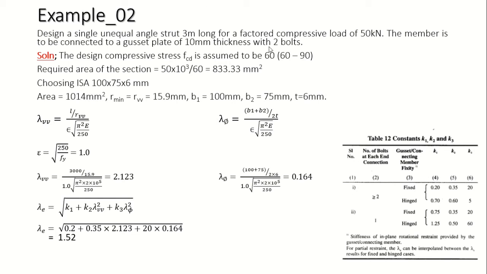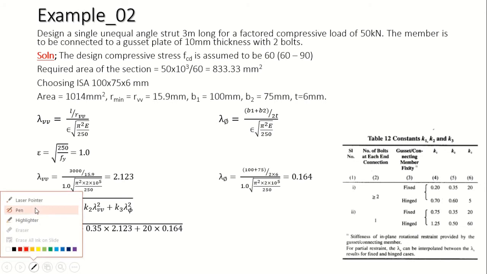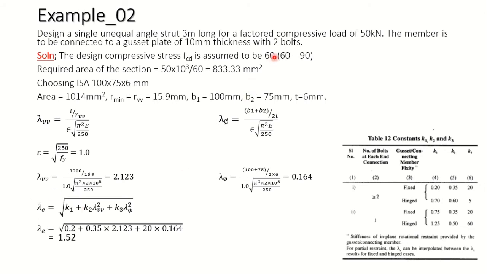Normally, fcd value in the case of single angle struts, you can go with a value somewhere between 60 to 90. Very rarely it will be 90 and above, because angle sections have a very small radius of gyration. So this will be the range in which you can choose your fcd value.